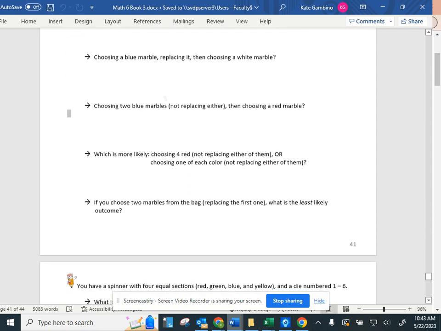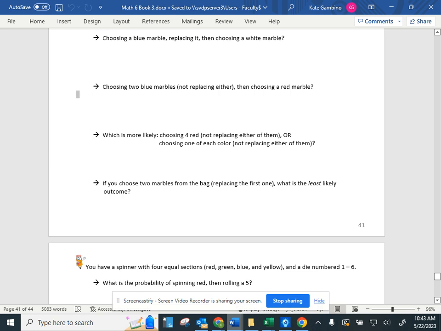So now we're choosing a blue marble, replacing it, and then choosing a white marble. So I have 2 events happening. What fraction do I write for the blue marble, Enzo? 5/20. Yeah, there are 5 blues and there are 20 marbles altogether.